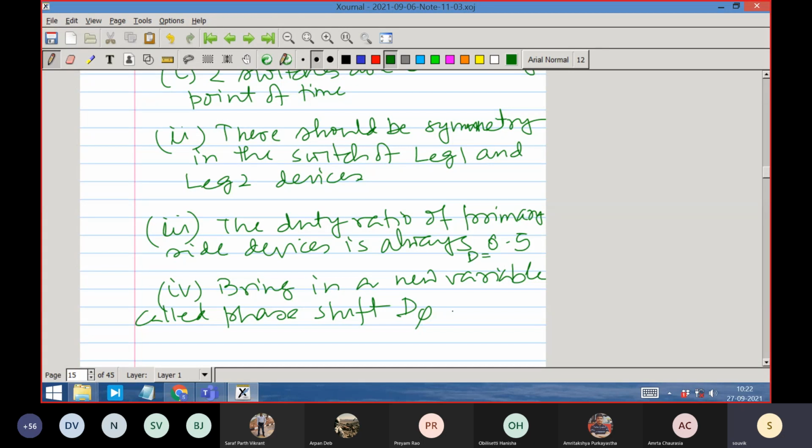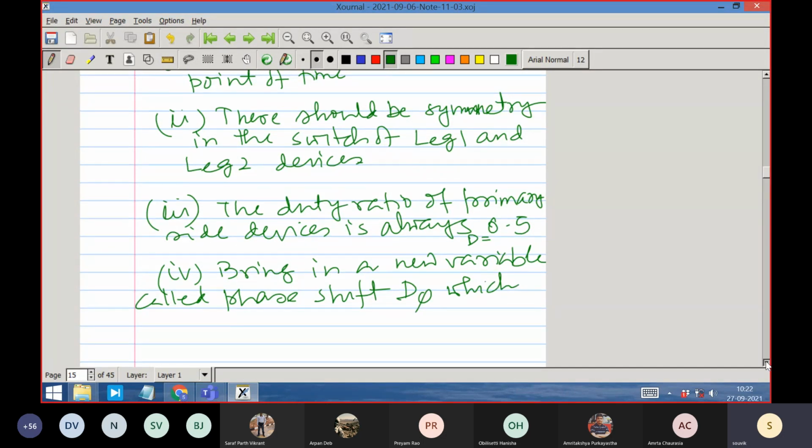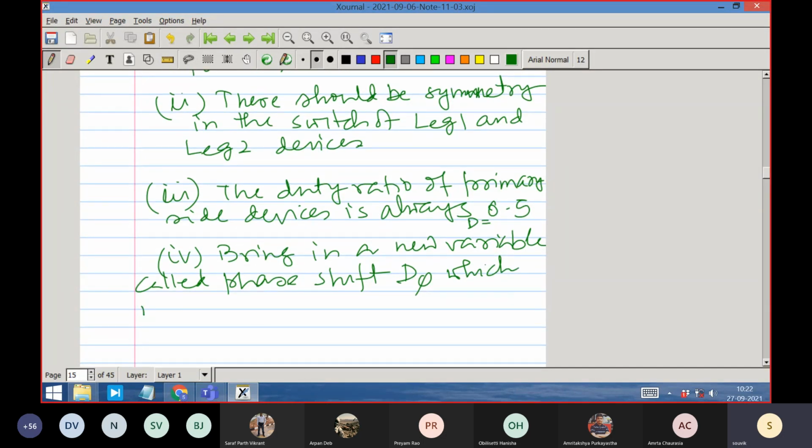Earlier, always this was D equal to 0.5. Now, we are bringing out a new phase shift variable d phi, which would control the output voltage. This will control the output voltage.